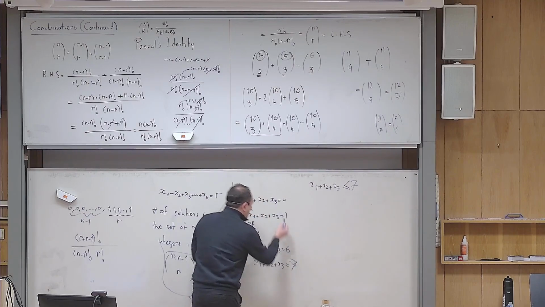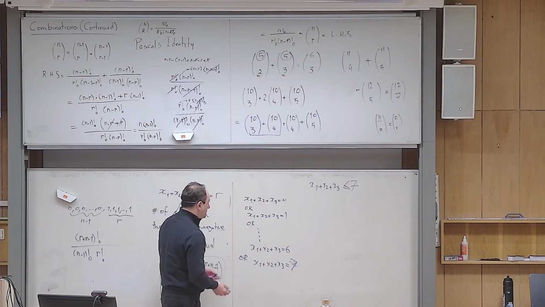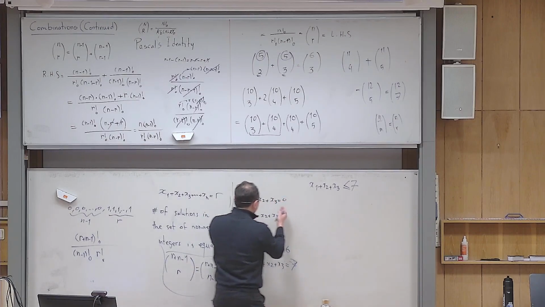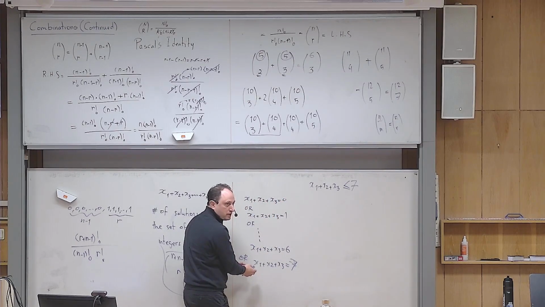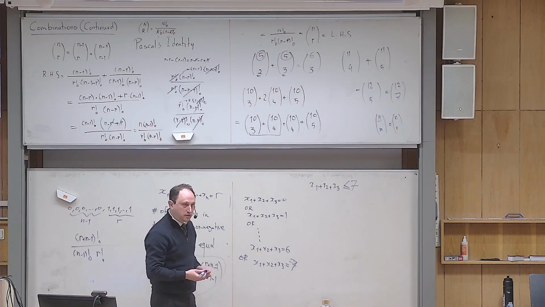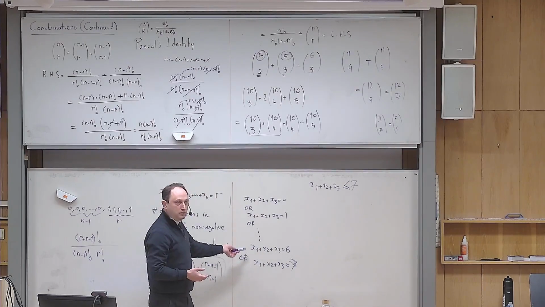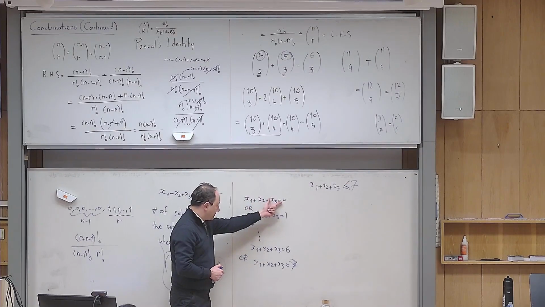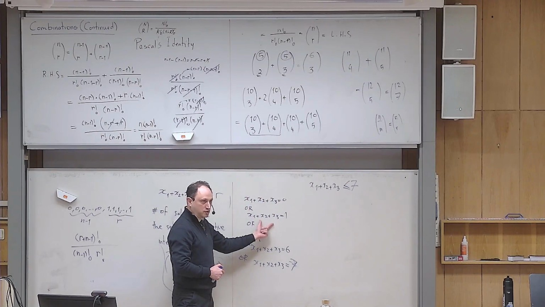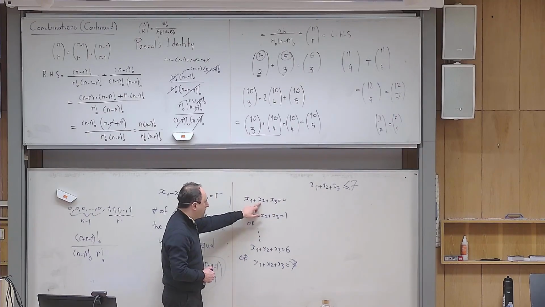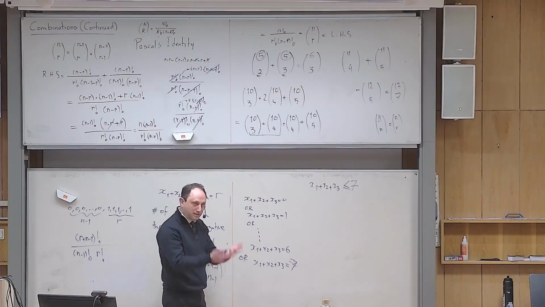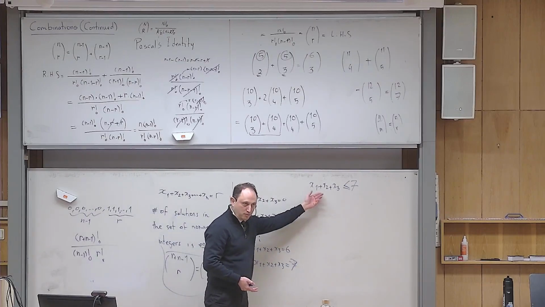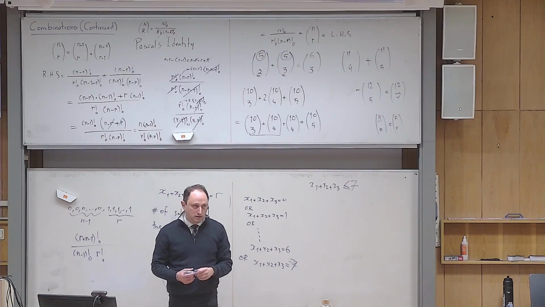If I respect all these conditions, this happens if and only if one of them happens, and they cannot happen simultaneously. Is it understandable or not? They cannot happen simultaneously, because if this is 0, it cannot be 1. So if I ask you to count the number of ways I can fit this and this and this separately and add them up, you see that this becomes the number I am interested in. Yes or no?